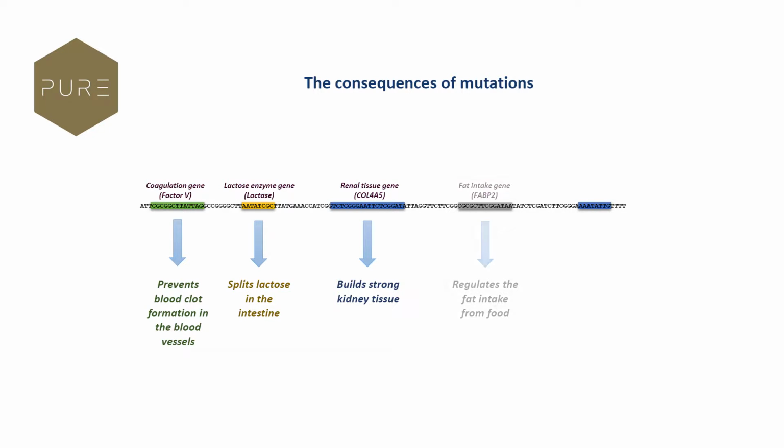Then there's a fat intake gene, which regulates how much fat we absorb from food. So we eat something fatty and it regulates how much of it we absorb. And there's an iron uptake gene, which absorbs iron from our food. So really, there's usually one gene which has one or a few functions, and all of these together build the blueprint of our body.